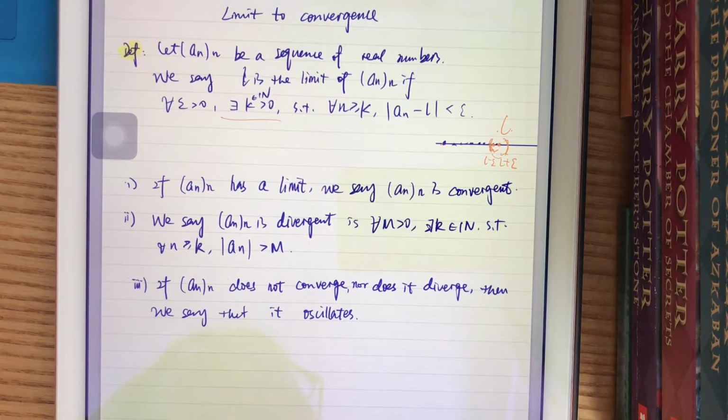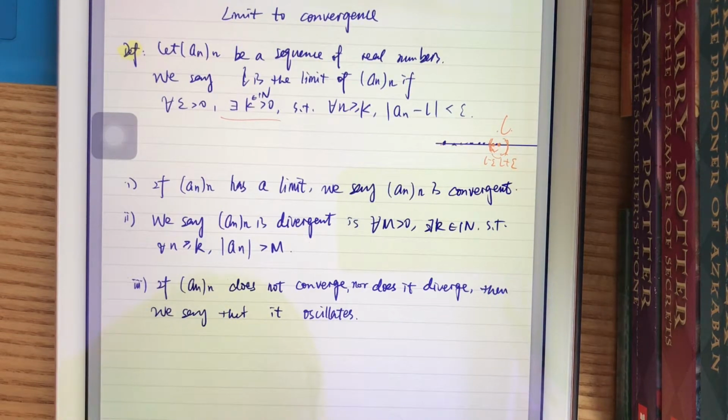After the k-th term, the values of the sequence are getting closer and closer to L, and however small the interval you choose, you can always find such a k. This is the definition of limit in the sequence setting. I think it's pretty simple and straightforward, especially with the help of the graph.